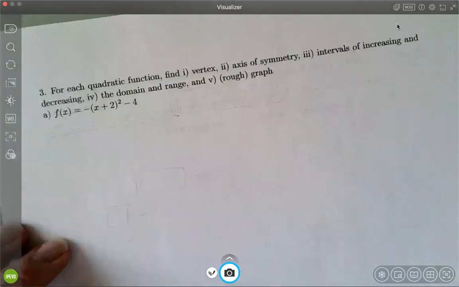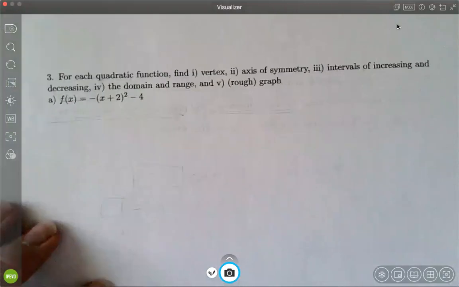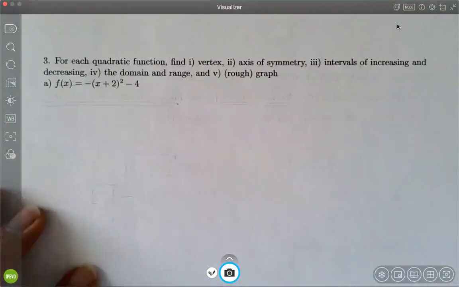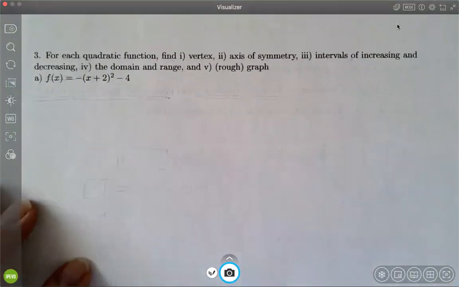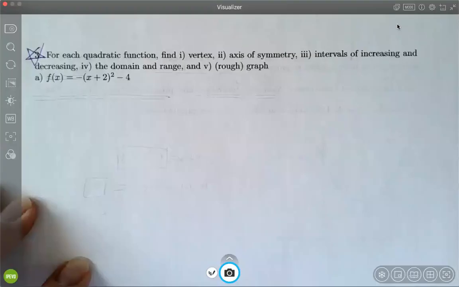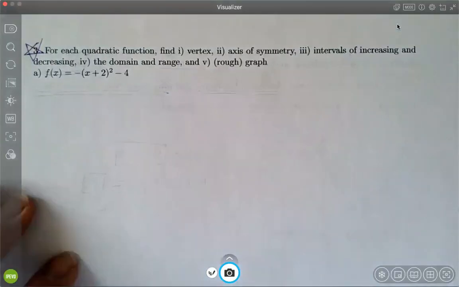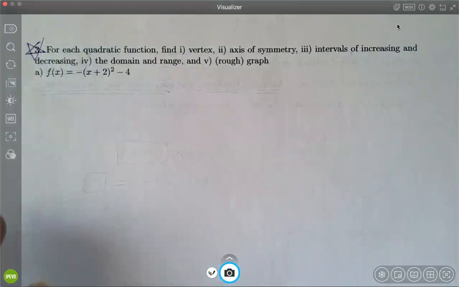Okay, so now, the main core of the section is this problem number 3 and the next problem number 4. And hopefully you can see why this problem is the main problem. For each quadratic function, find the vertex, axis of symmetry, increasing and decreasing intervals, domain and range, sketch the graph, i.e. what?